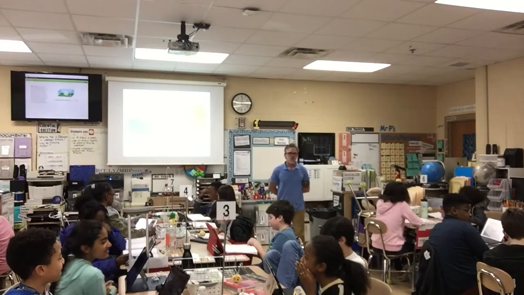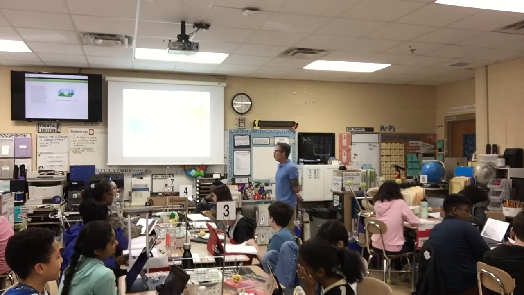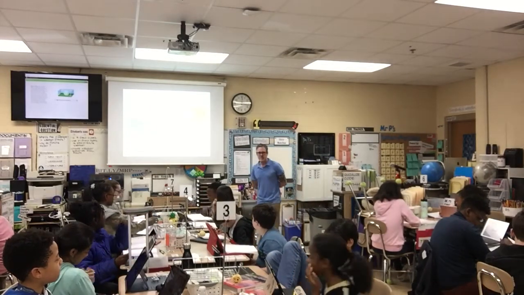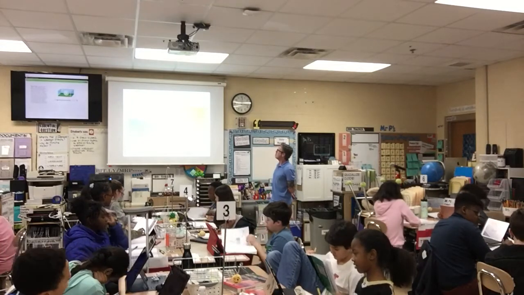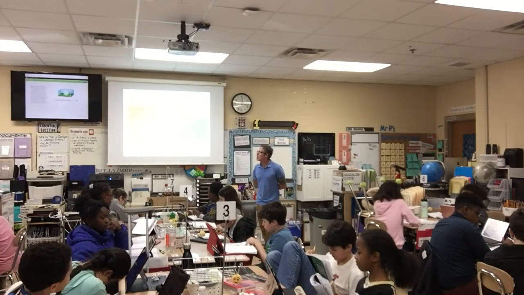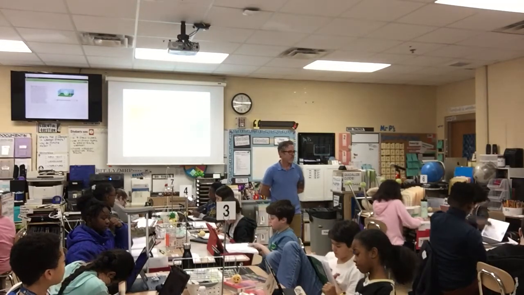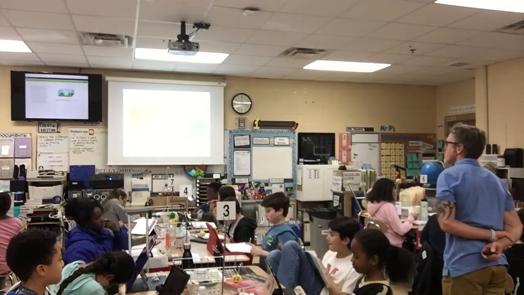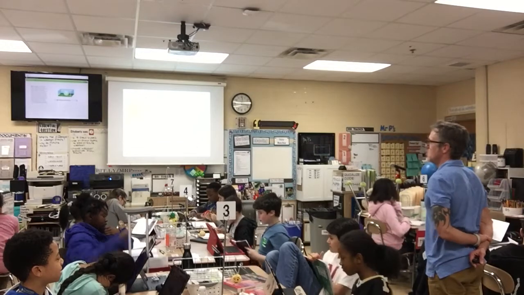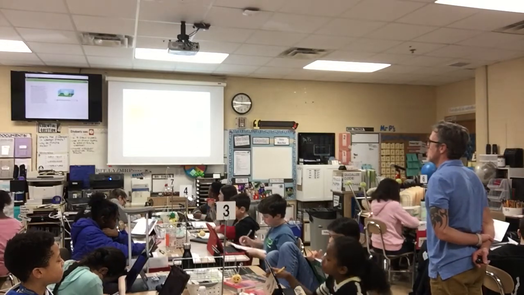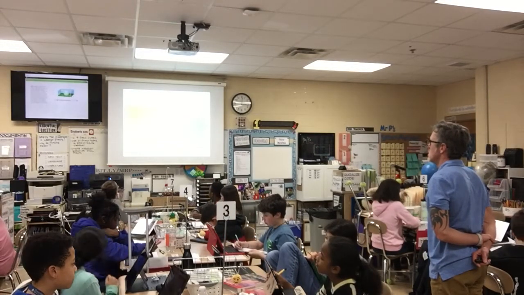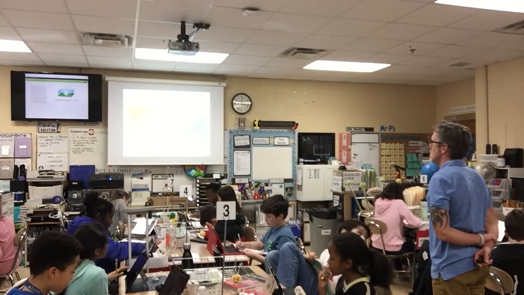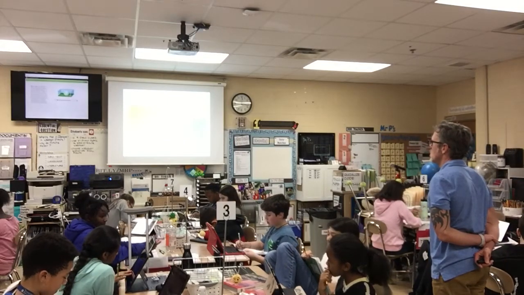All right. Now, warm fronts. All right. Who would read the section that says warm front? Fred. At a warm front, a slowly moving warm air mass collides with a slowly moving cold air mass because cold air is denser than warm air. The warm air rises over the cold air.